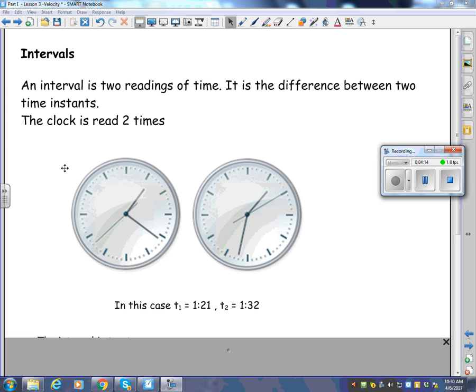Okay, so the clock is read 2 times. What's T1 in this case? What time is it? 1:21, time 2, 1:32, right?